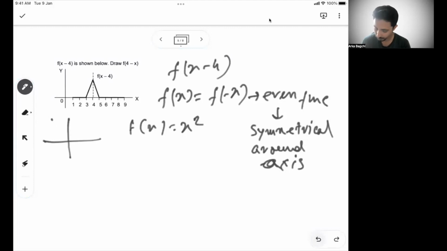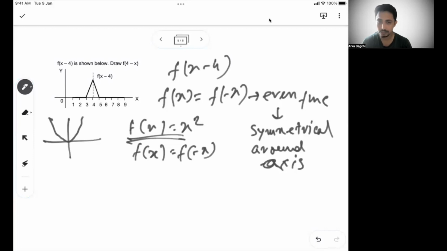So f of minus x is minus x whole square, which is basically x square. So this is an even function where I can say f of x is equal to f of minus x, because x square and minus x whole square are basically the same. So this is an even function, and we can see the graph is symmetrical around the axis.